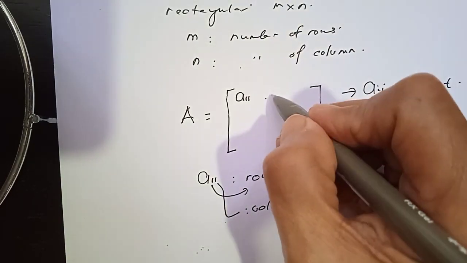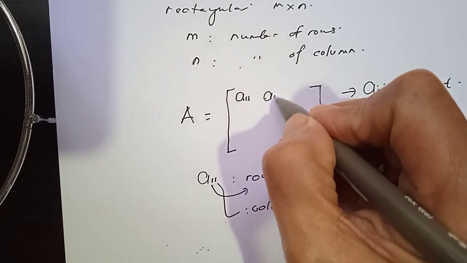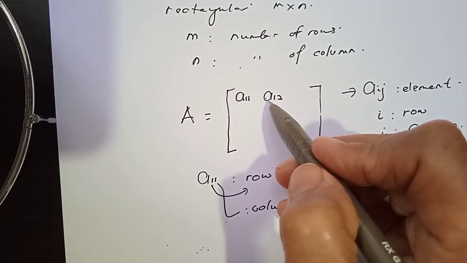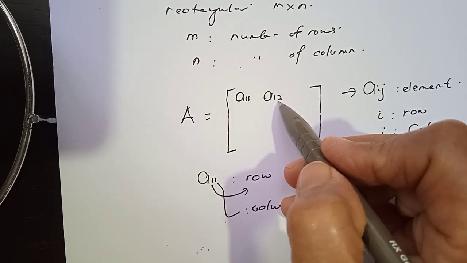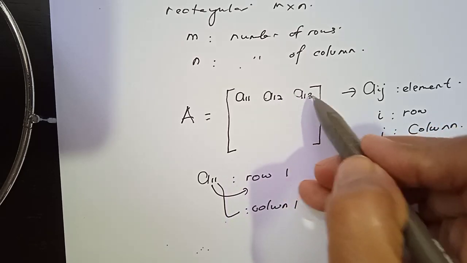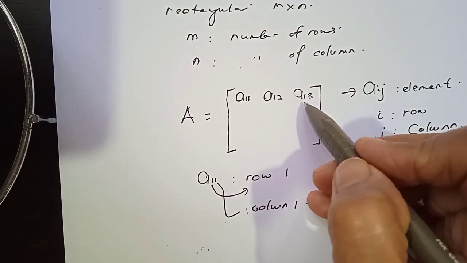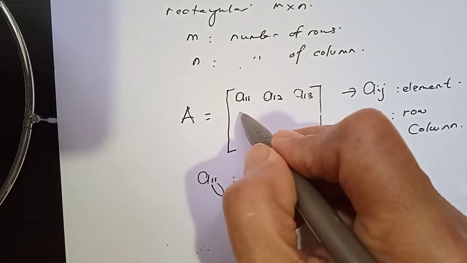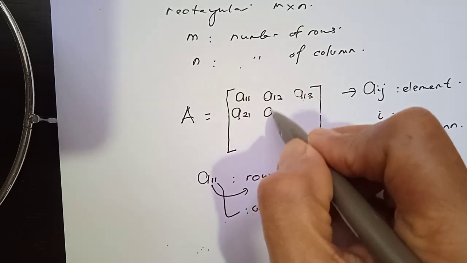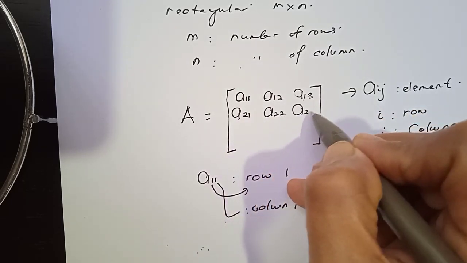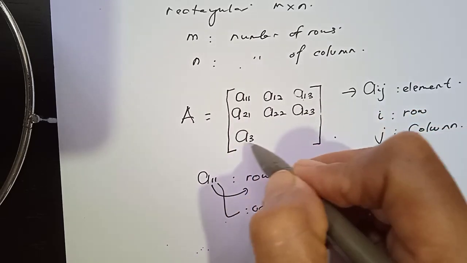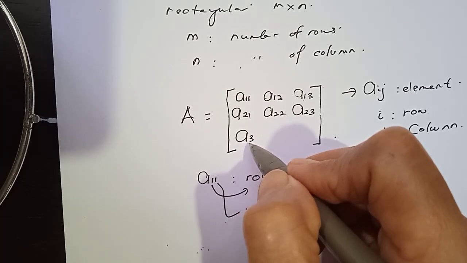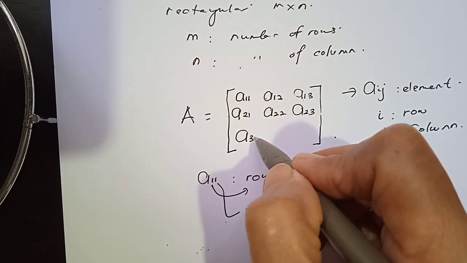Again we have A12. A12 refers to element row 1 column 2. A13 is the element placed at row 1 column 3, and so on. A21, A22, A23, A31 is the element A placed at row 3 column 1.